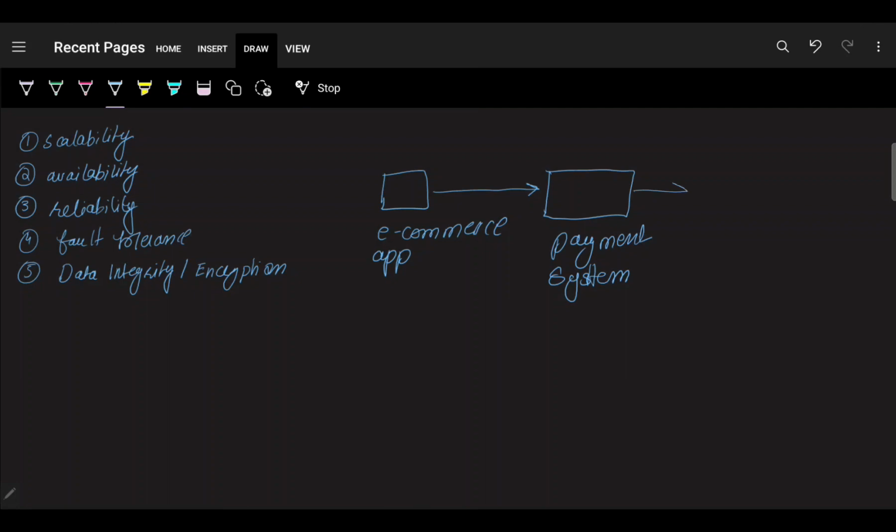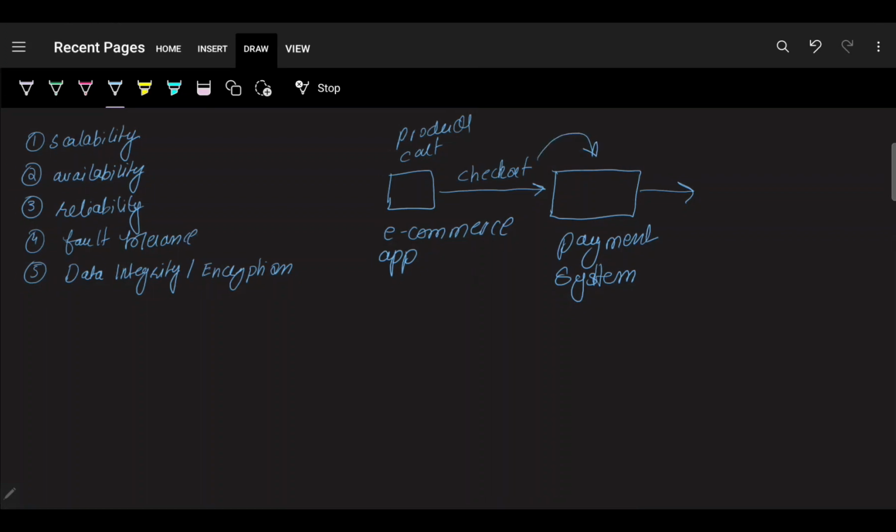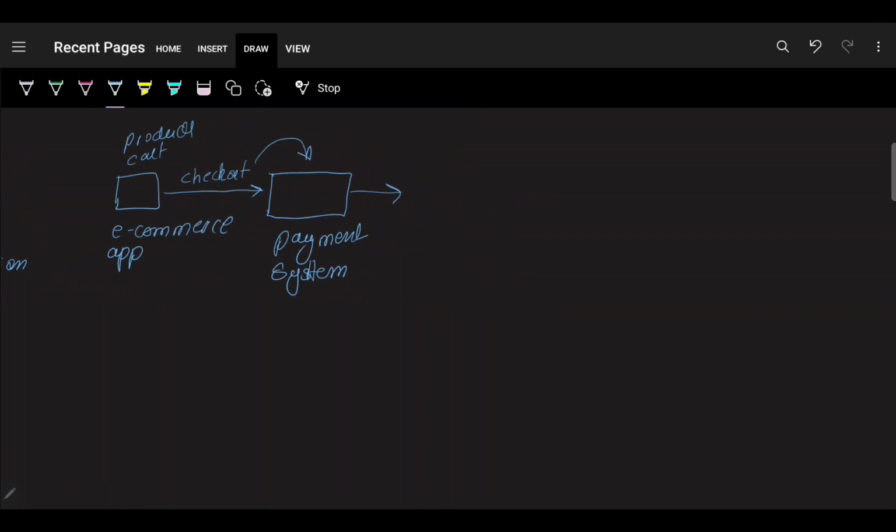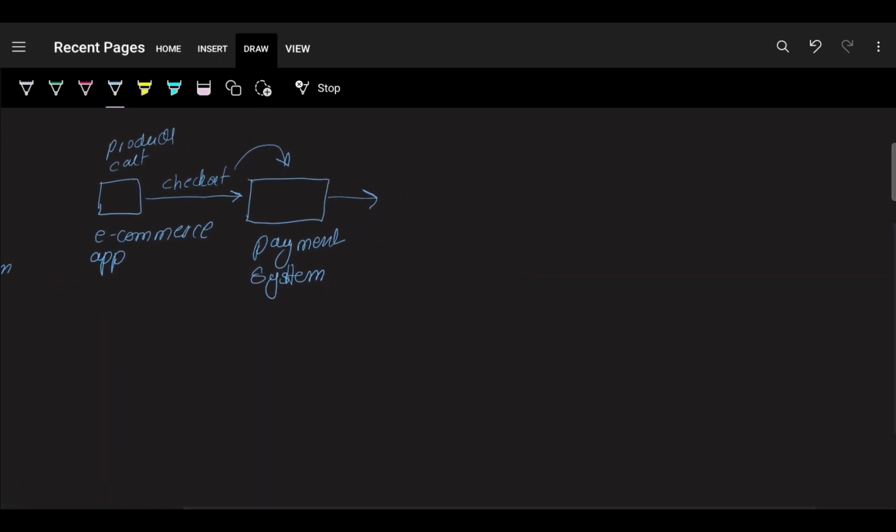And so what happens here is that you get all the functionality here. You have your products here, you have your cart here, and this is your checkout function. And as you check out, you are in the zone where you're dealing with your payment system, and you have to make sure that you know how things go from here.